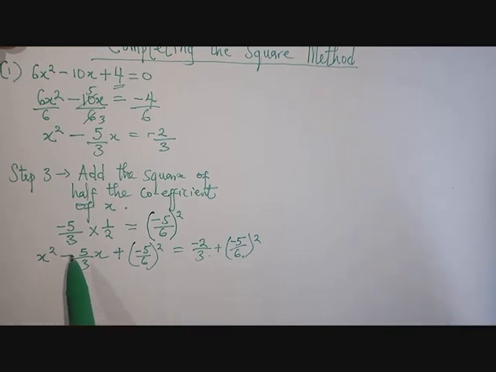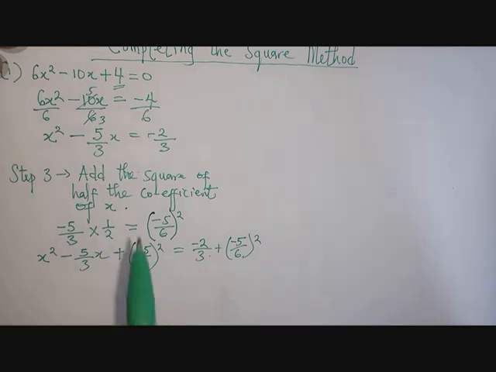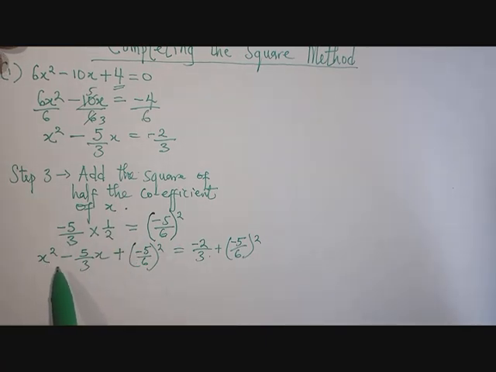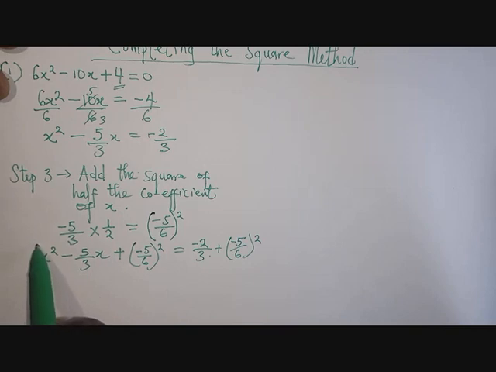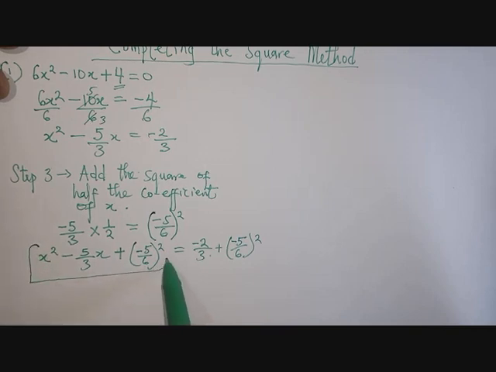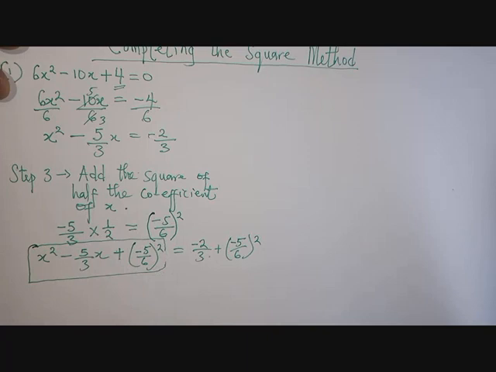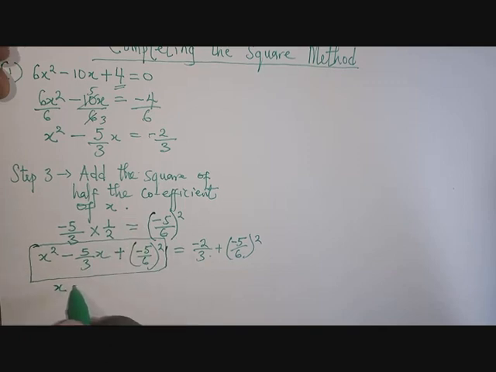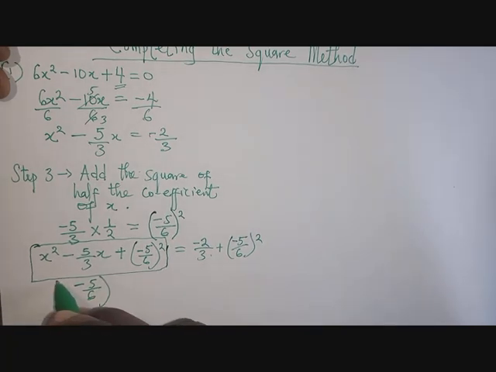Now, there's another step. In this particular case, you need to be careful about what we do to this particular term. I'm going to try to explain it from the back to the front. This particular term is the same as x minus 5 over 6 all squared.